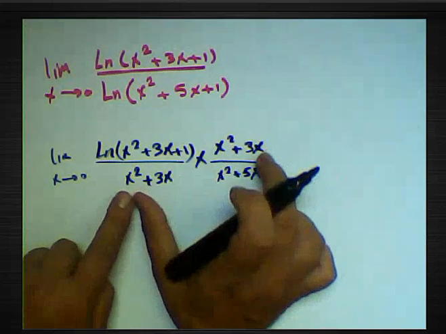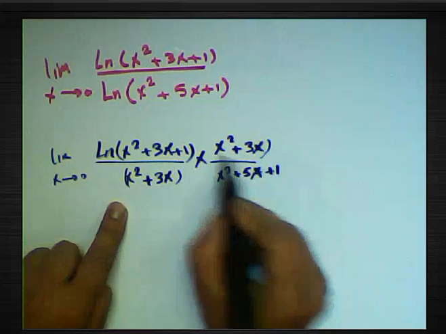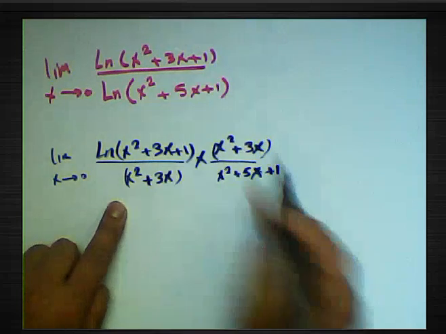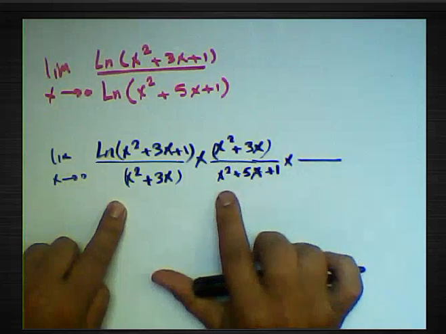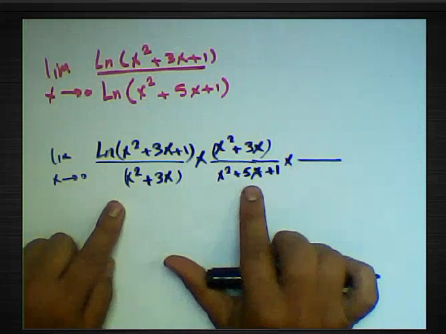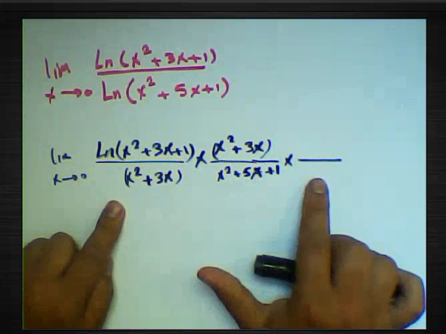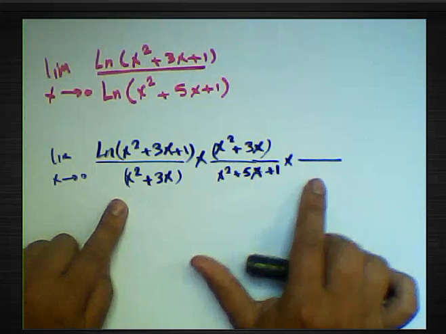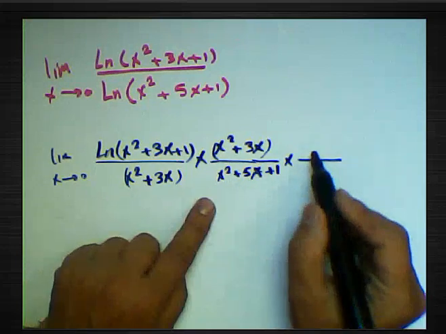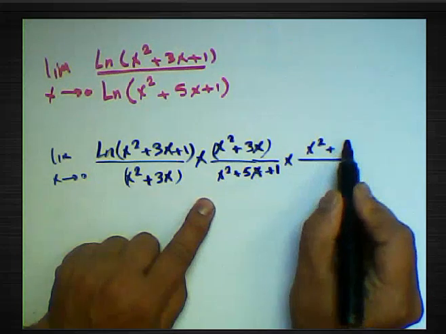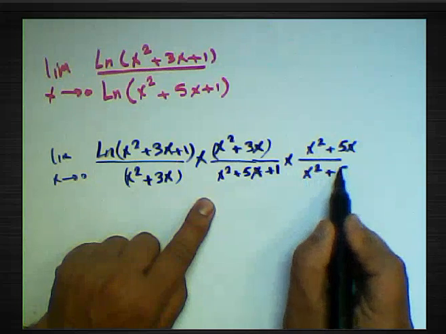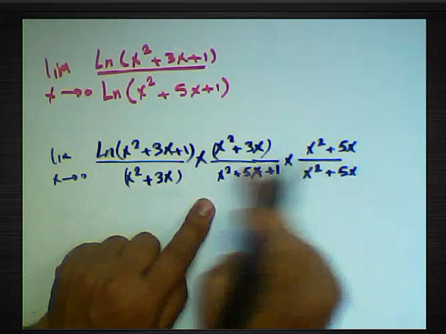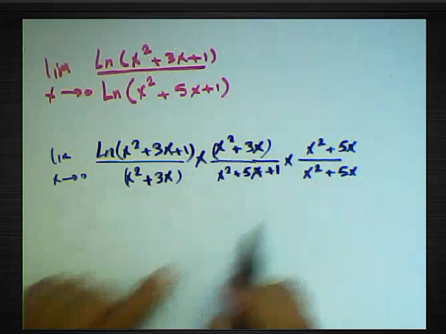Okay, I write two new expressions here. Its equality is this number, and we will find again this expression x^2 + 5x outside and inside here. Understood? I will write x^2 + 5x over x^2 + 5x, and replace them to find the result.